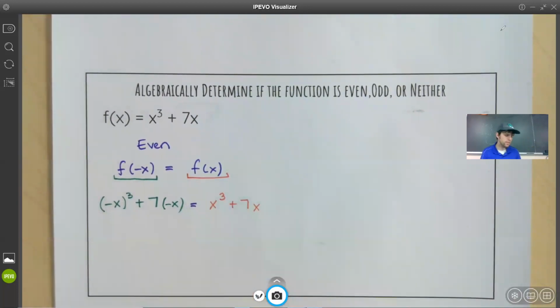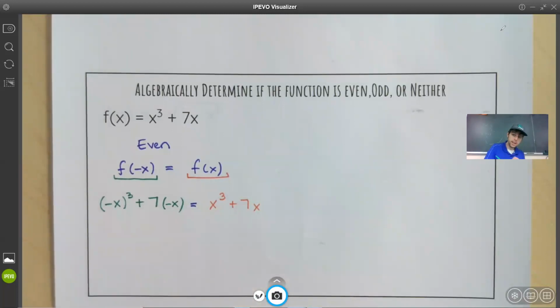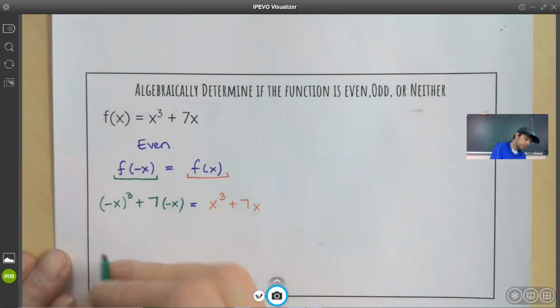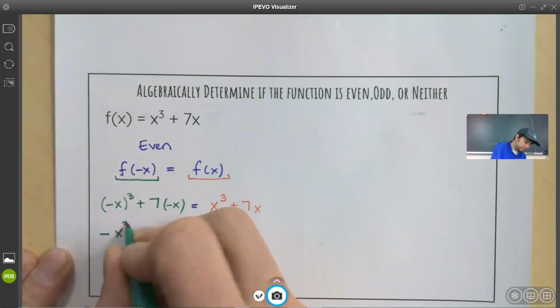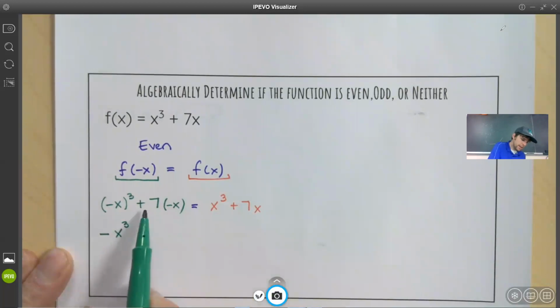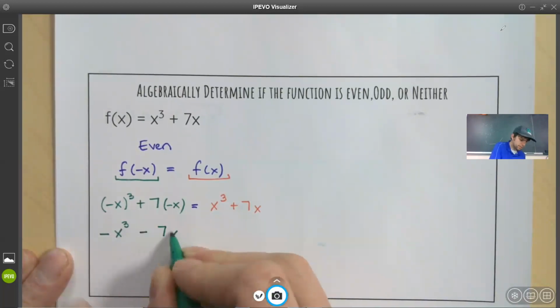Okay. So obviously there's not much we can do to simplify this right-hand side, but we'll try to simplify the left-hand side down a little bit. So negative x to the third is negative x times negative x times negative x. Multiplying those three negatives together is going to result in a negative, and then we'll end up with x to the third. And then 7 times negative x will turn into negative 7x.